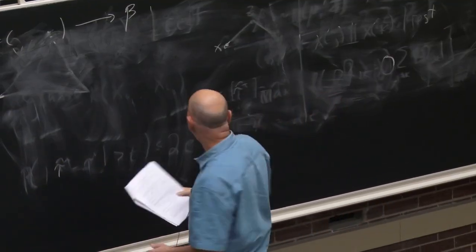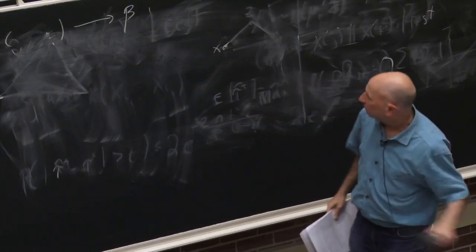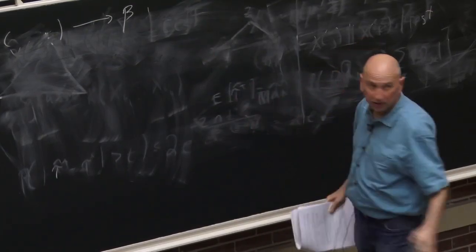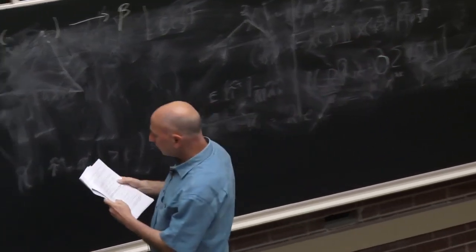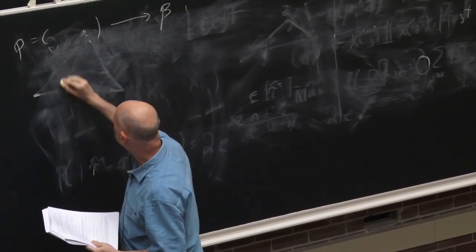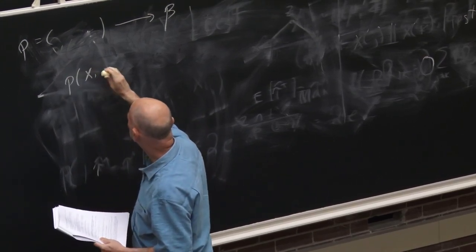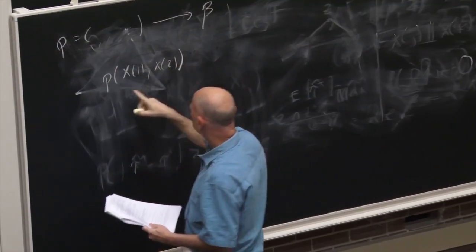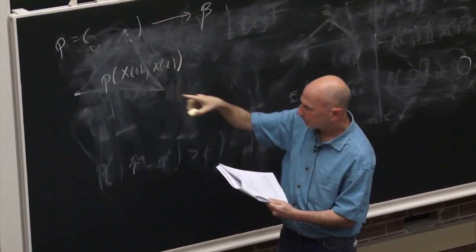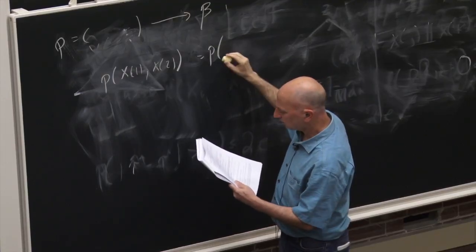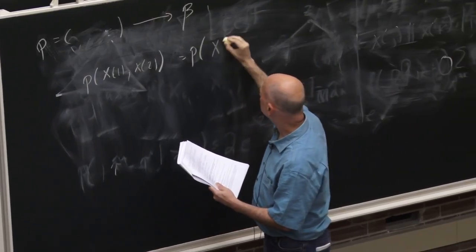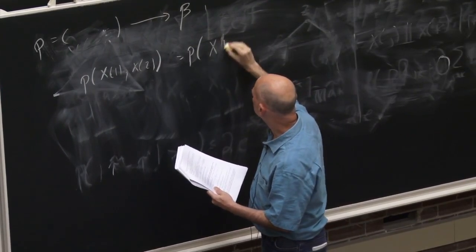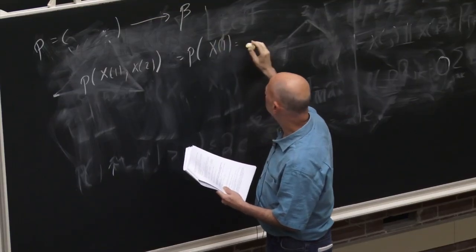So I'm going to do it first in just this two-dimensional case. The way I wrote it here was calling this P of x1, x2, just like over there, right? That's the probability that x1 equals something.